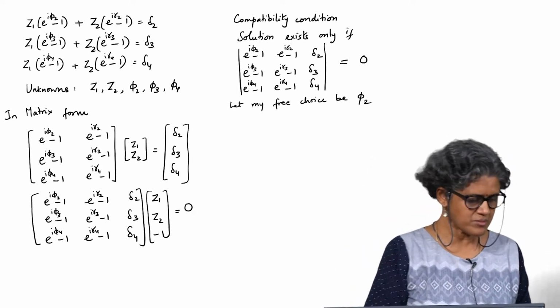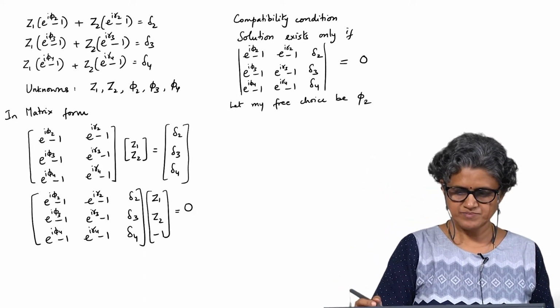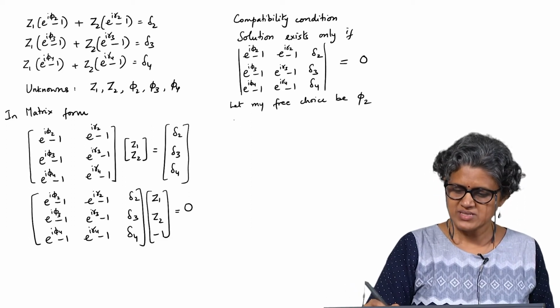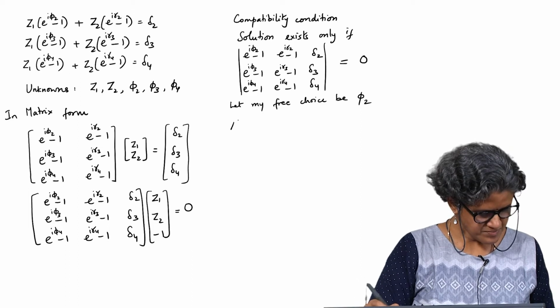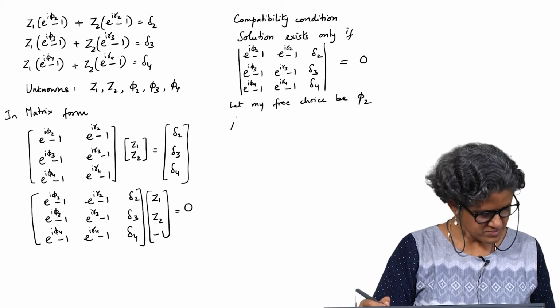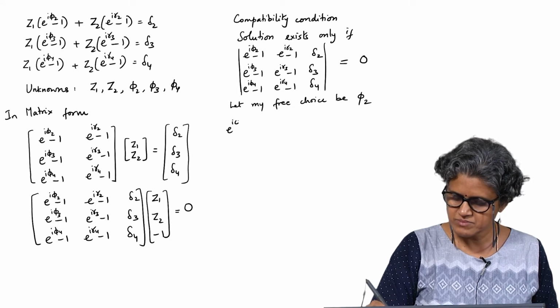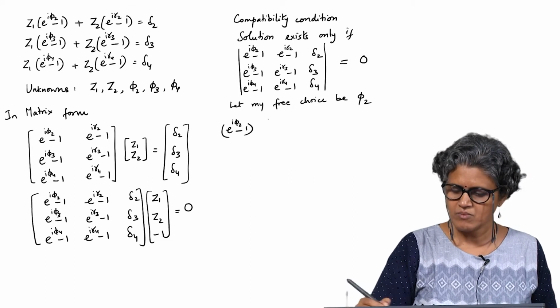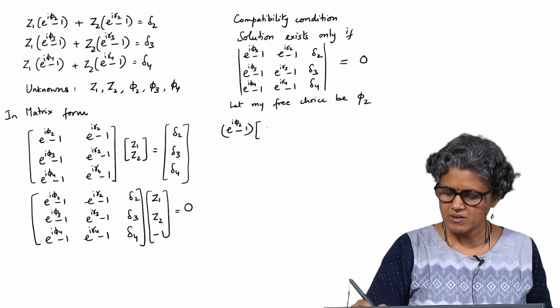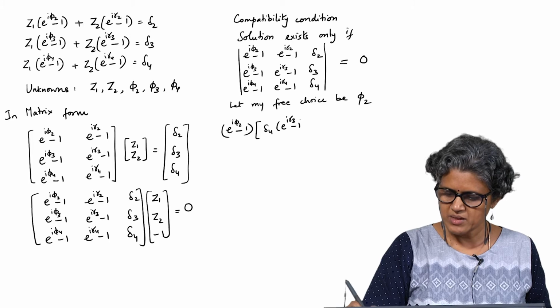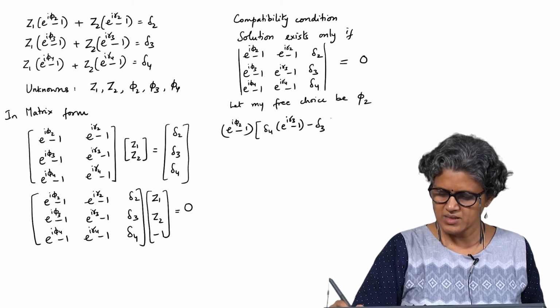So, I will expand about the first column. Okay. So, I can say delta, gamma 3 minus 1 minus delta 3.